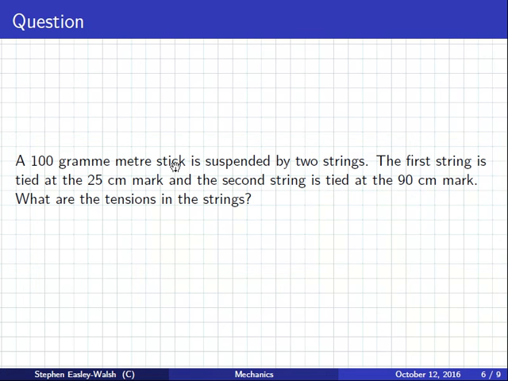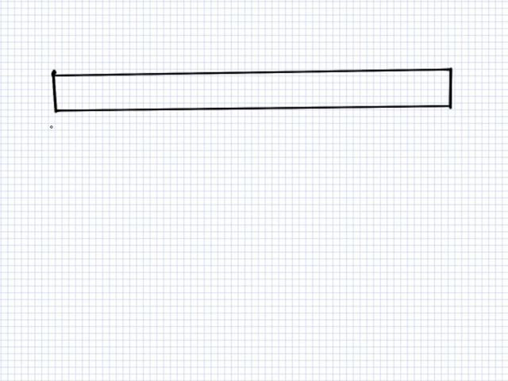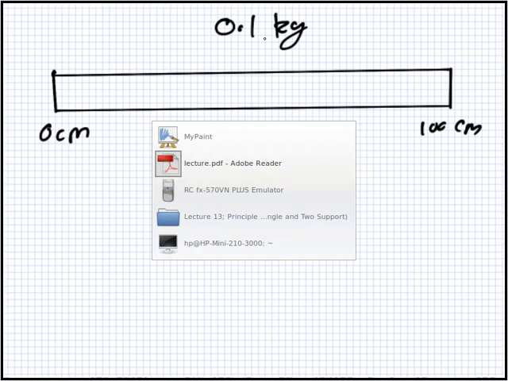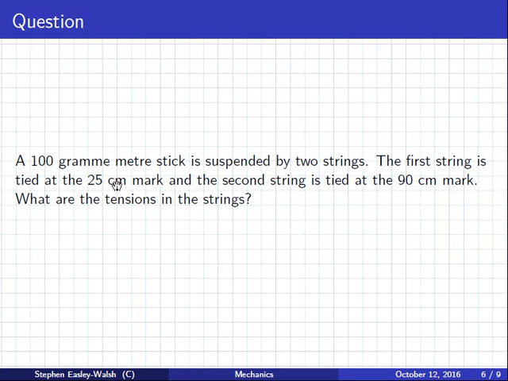So, a 100-gram meter stick is suspended by 2 strings. I hope you all know what a meter stick is. It's a stick, and guess how long it is? A meter. So we start here at 0 centimeters, and this is 100 centimeters, and it's 0.1 kg. And I'm hanging this from 2 strings.